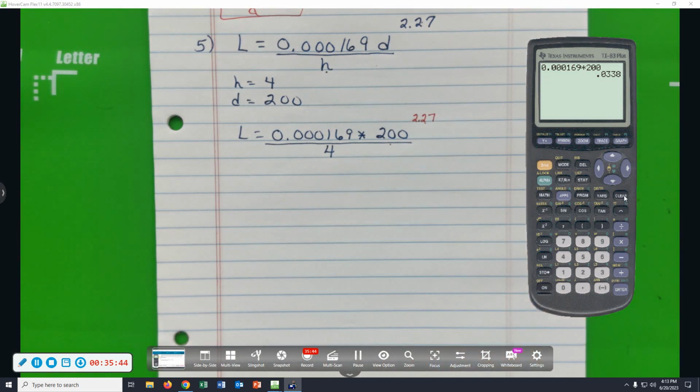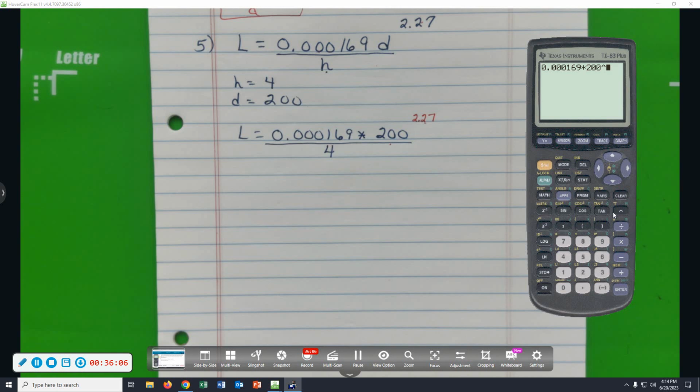So let me clear this. 0.000169 times 200 raised to the 2.27 power. Did y'all see that key?